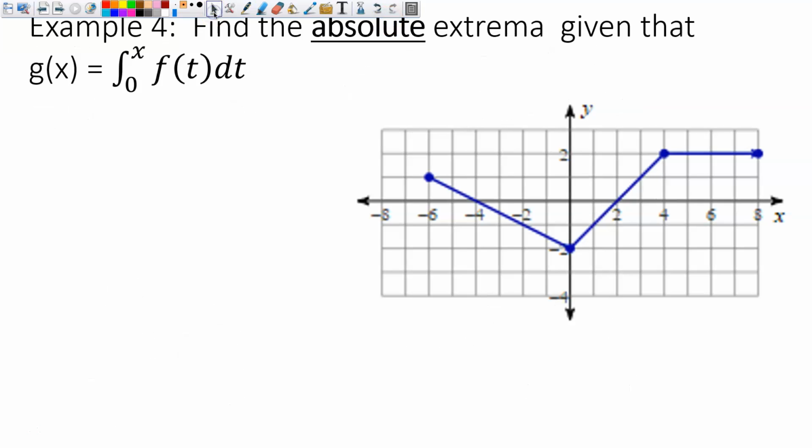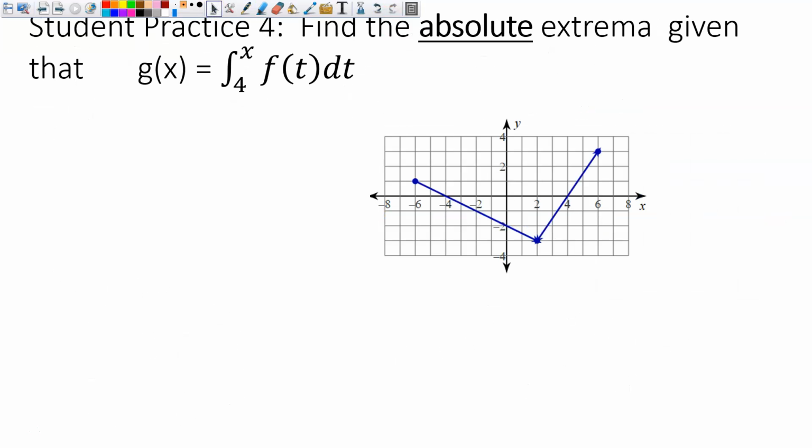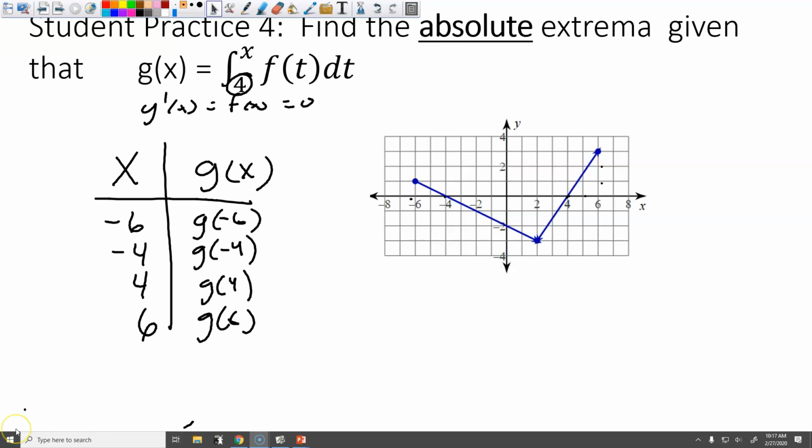Go ahead and try to find the absolute min and max for that function real quick. I'll give you a little bit. So let's begin here. Chris, what was your absolute min? -12?